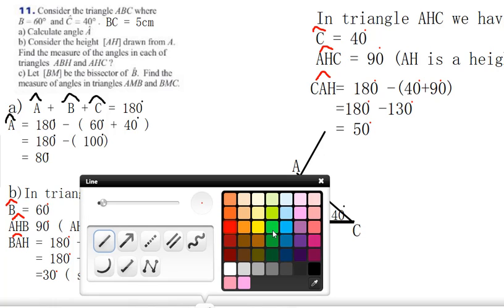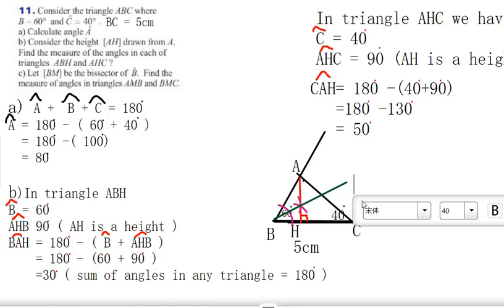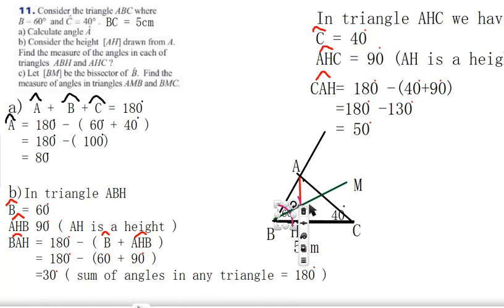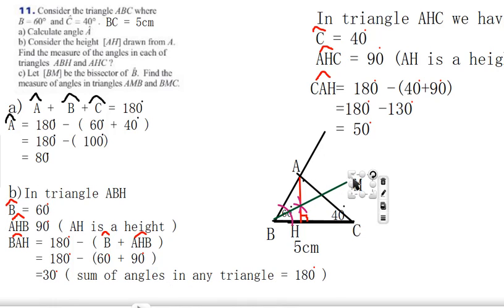Here is the angular bisector of angle ABC. So let's join. Its name is BM. Let's name it. It's BM. Okay? And like this, we are done with drawing.